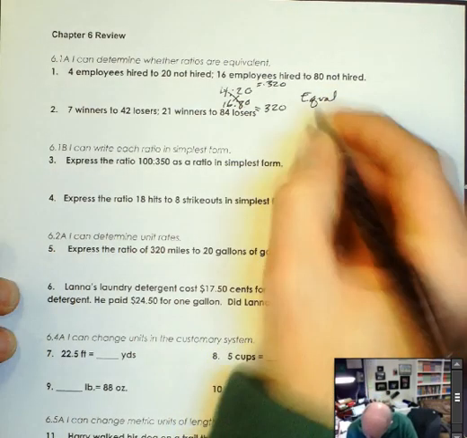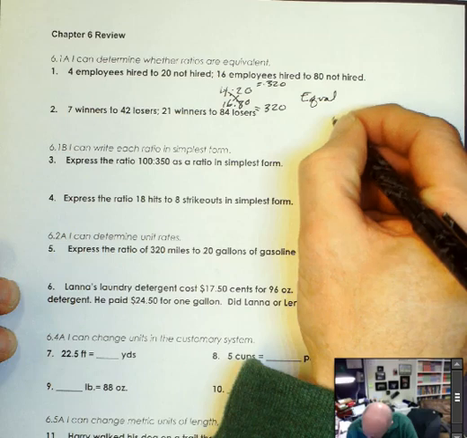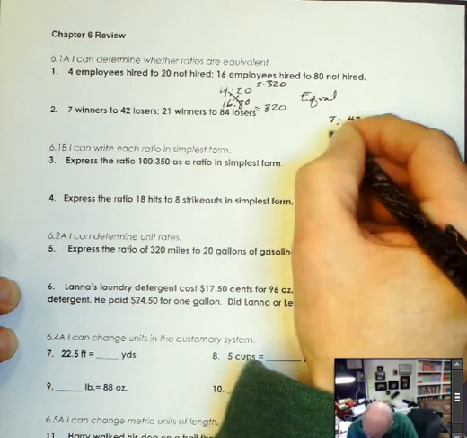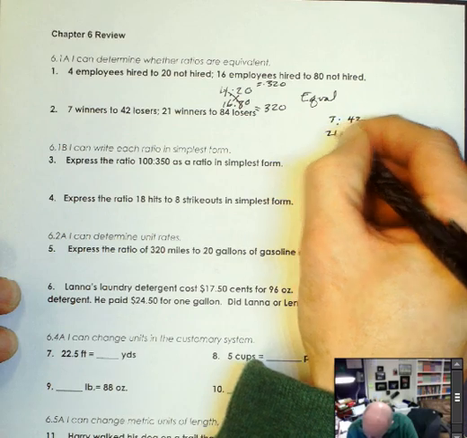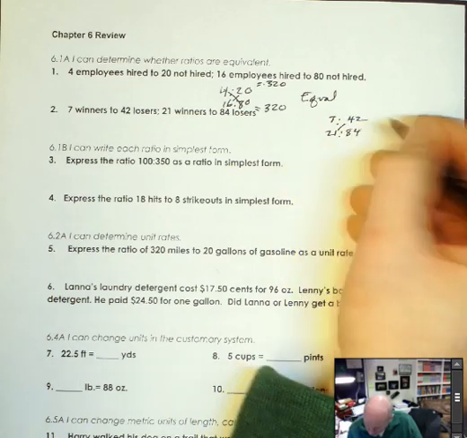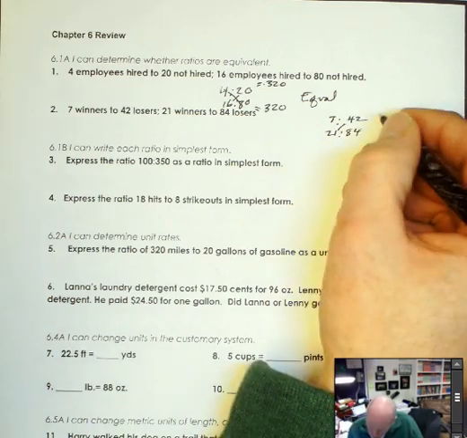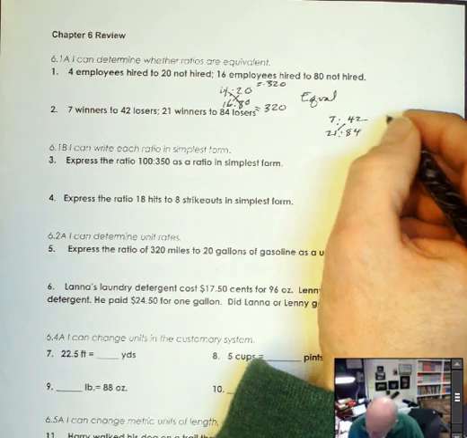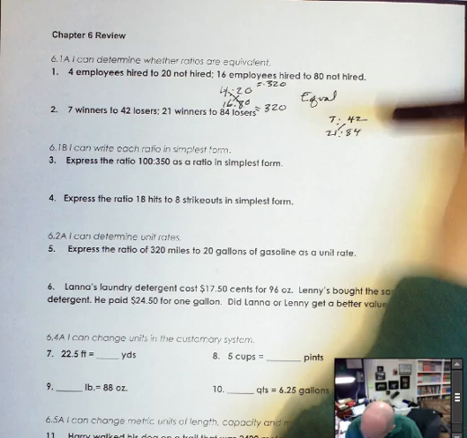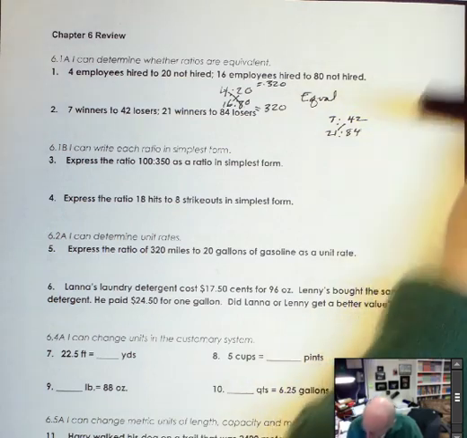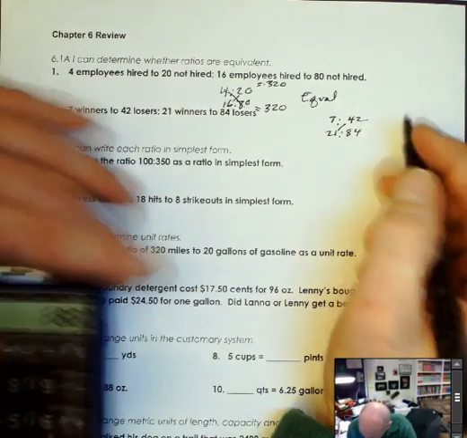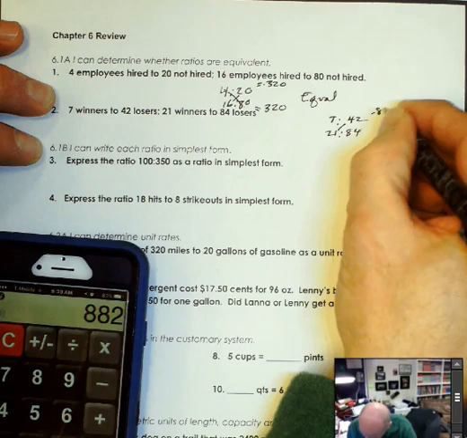All right, let's set up this other one. We have 7 to 42, so 7 winners to 42 losers, and we have 21 to 84. If we check the cross products here, 21 times 42, I'm going to have to do that one. I did some of them earlier for you. 21 times 42 is 882.